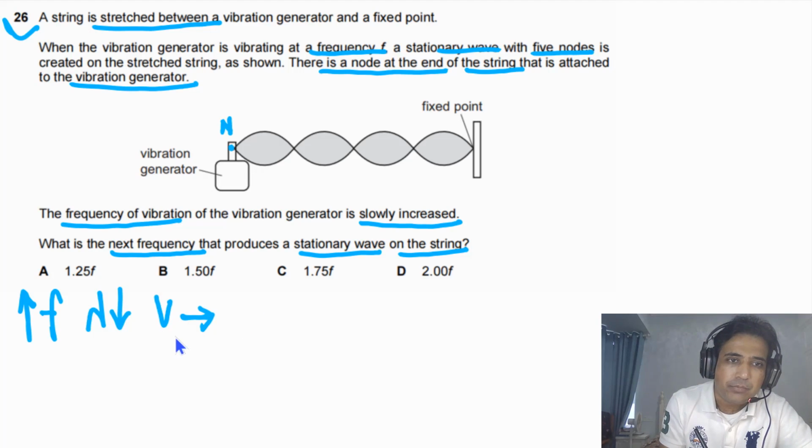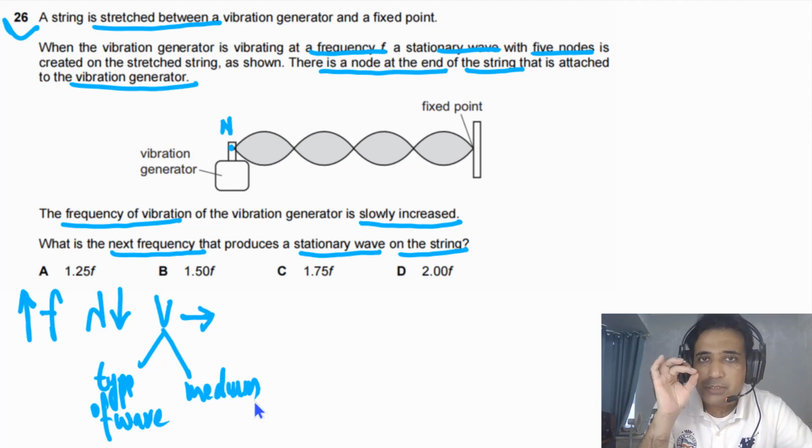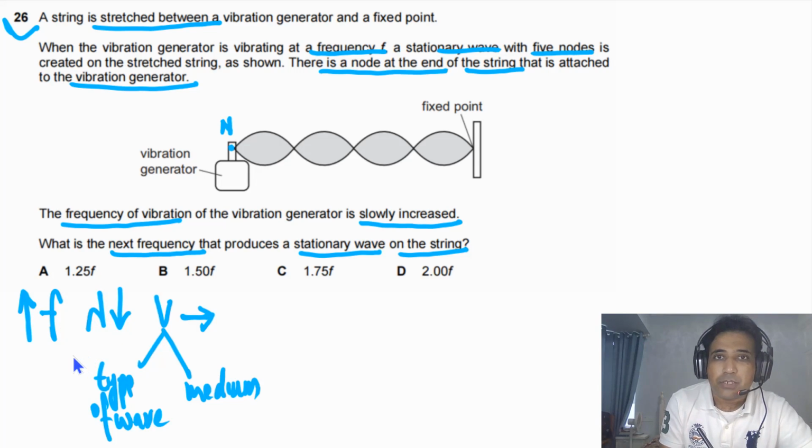As in this case, type of wave is the same and medium is the same, so it means speed is the same. So if we increase frequency, lambda will decrease.